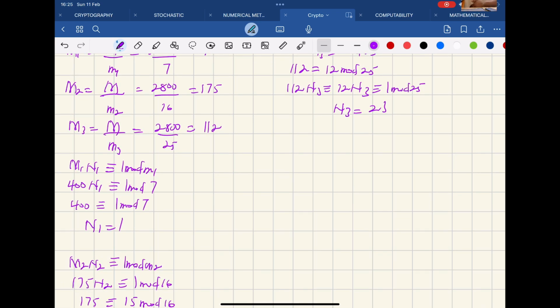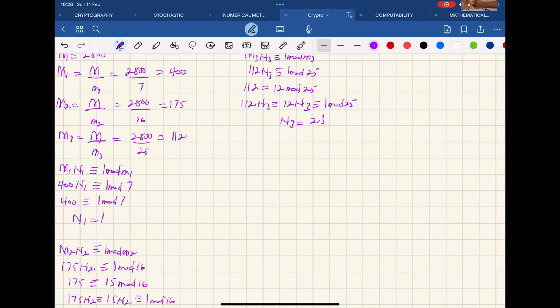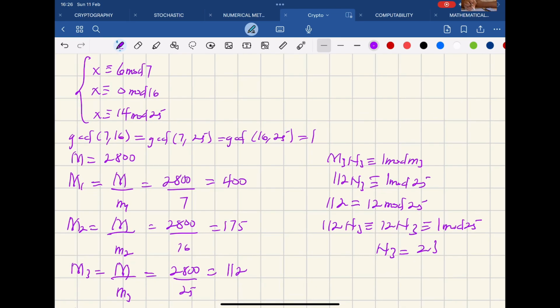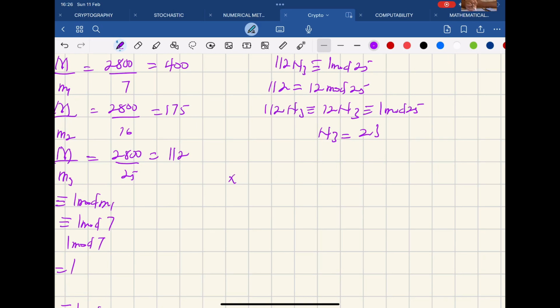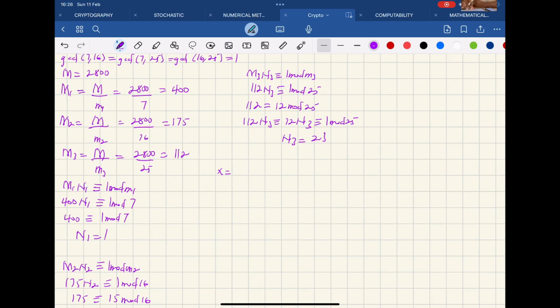So after doing this, we now write it in the form of x is equal to, remember, A1 M1 N1 plus and so on. So we're going to get x is equal to A1, and what is our A1? A1 is 6. What is our M1? 400. And N1, we got 1.